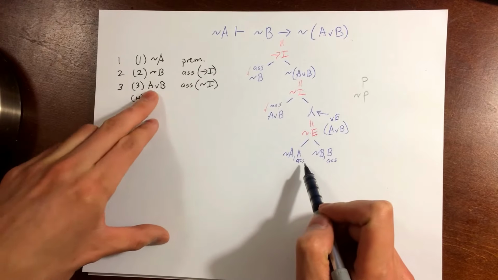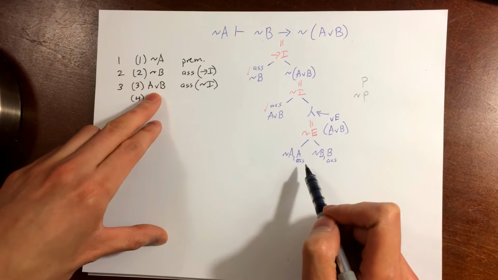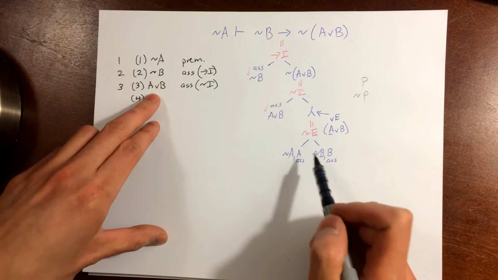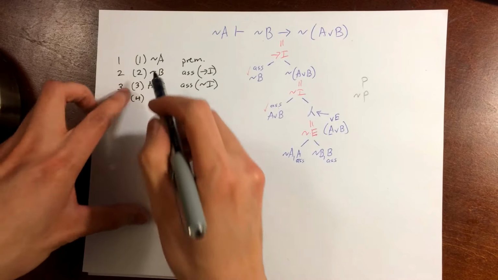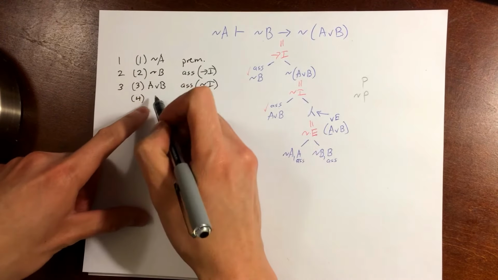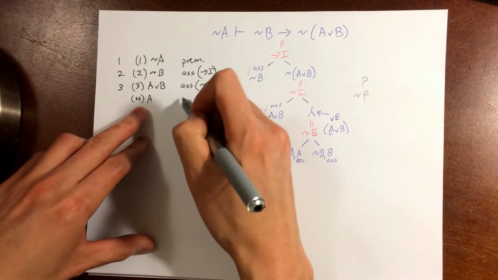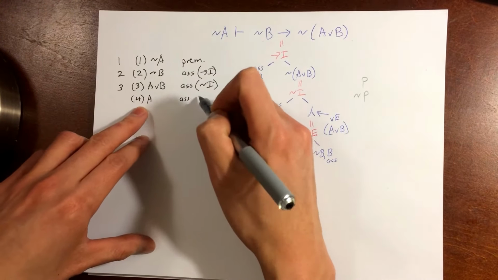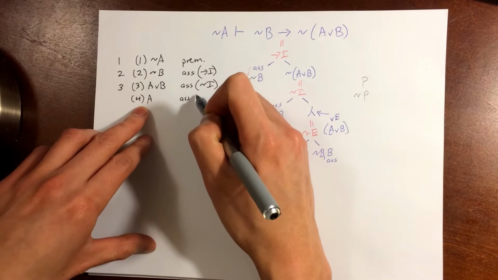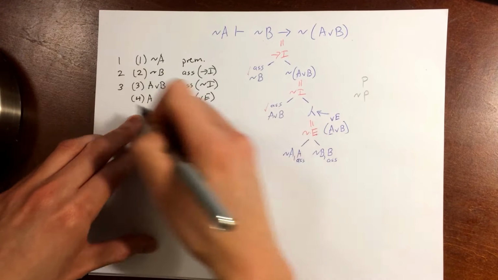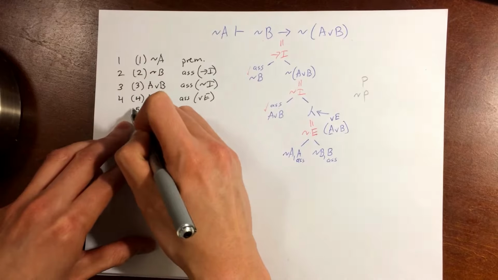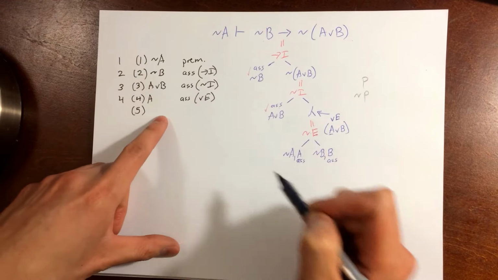So now, since we have A or B, which is the disjunction, we can use the or elimination rule to work with the disjunction. In order to work with the disjunction, we have to assume each of its sides. So we assume A for or elimination. And I'm just going to go step by step instead of assuming everything first.